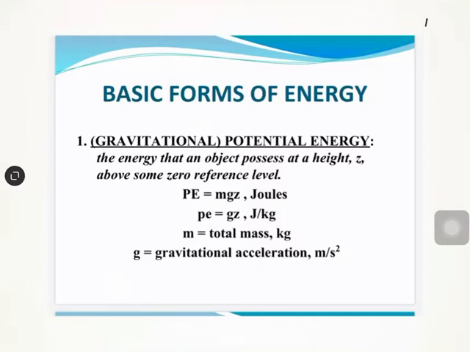Per kilogram, the small pe is equal to gz, in joule per kilogram, and g is the gravitational acceleration, in meter per second squared. This is a review, since you already tackled this in our physics.